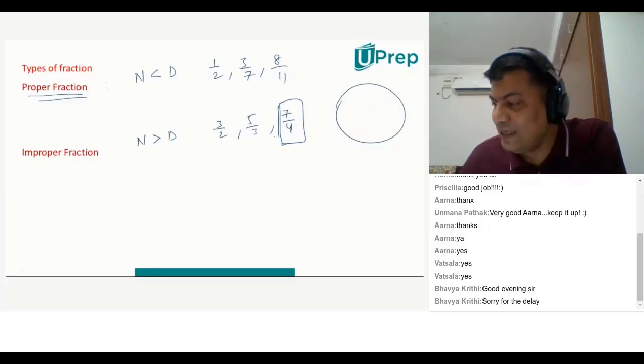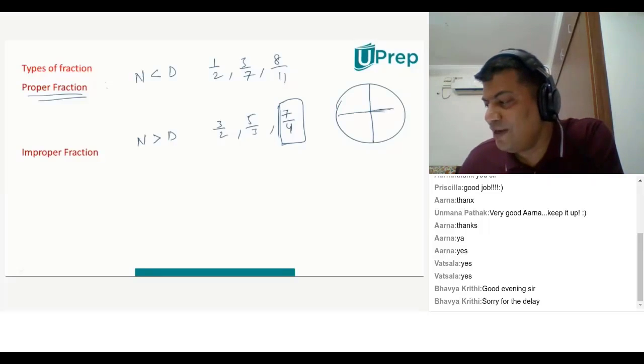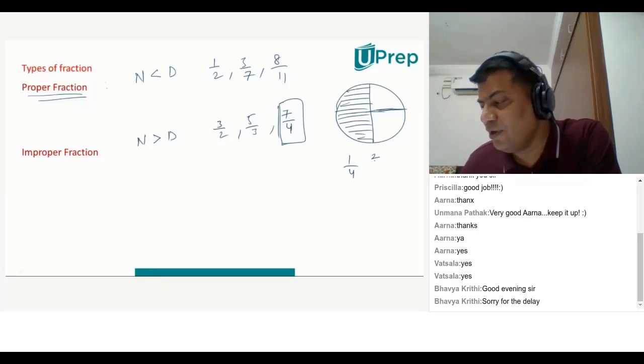Say someone has a pizza divided in 4 pieces. If I take one piece, it's called 1 by 4, right? If I take 2 pieces, you say 2 by 4. If 3 pieces are taken, I say 3 by 4. If I have 4 pieces, I say 4 by 4.